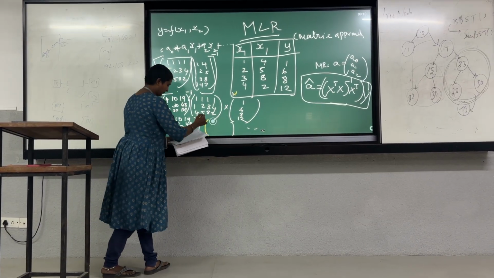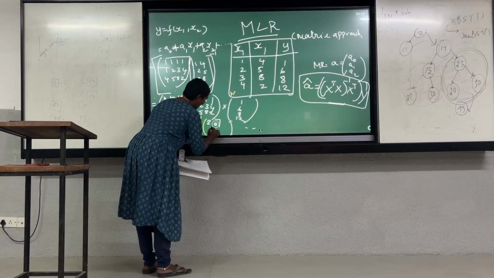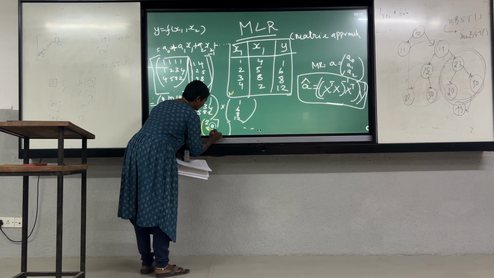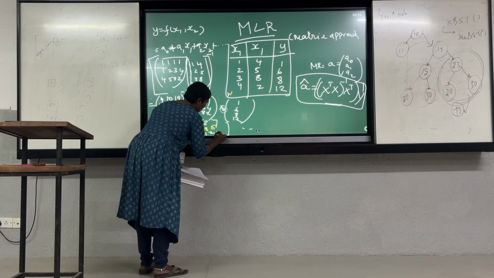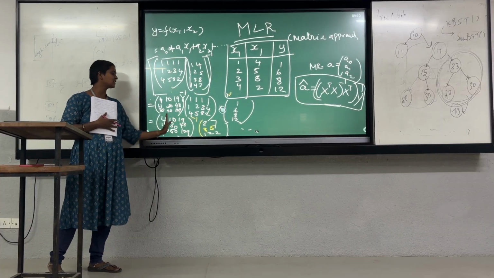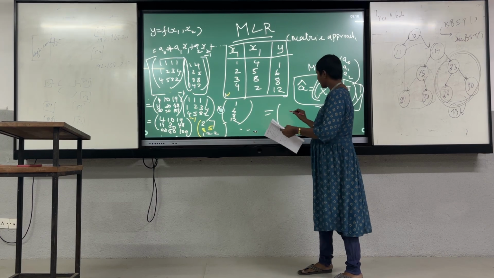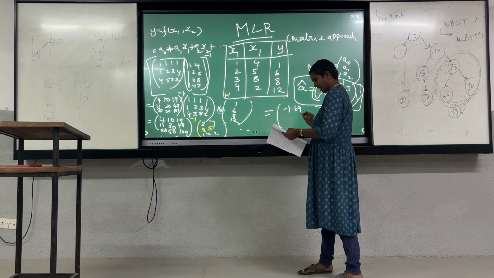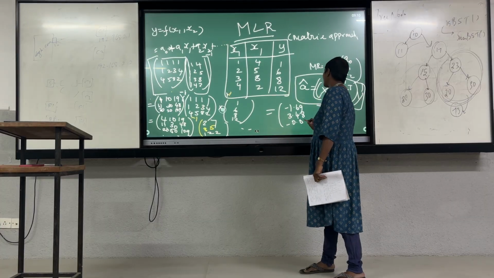When both are multiplied we get 27, 85, 122. So the last step is again the inverse multiplied with this. So we got the answer as minus 1.69, 3.48, minus 0.05.